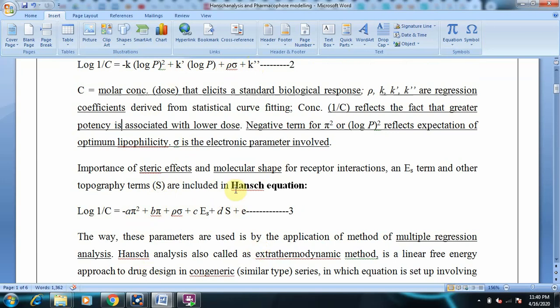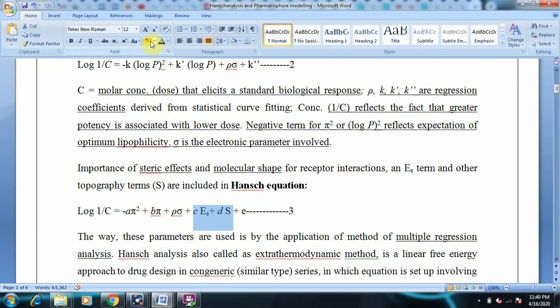So it can also be restated as log 1 by C is equal to minus a pi square plus b pi plus rho sigma plus c Es plus d S plus e. In this, the two terms included are c Es, which is the Taft steric constant or steric parameter, and S is the topography term.